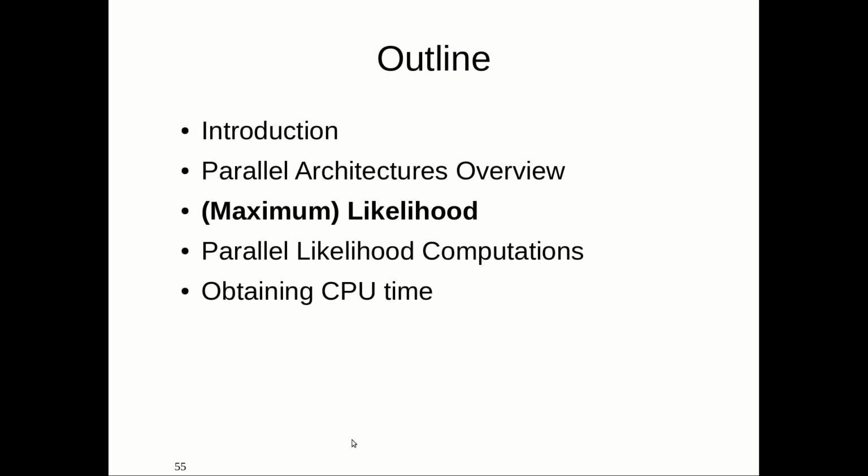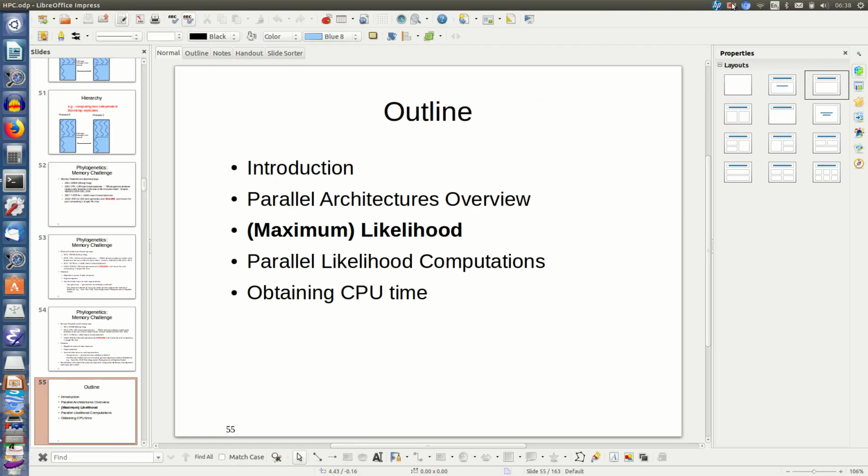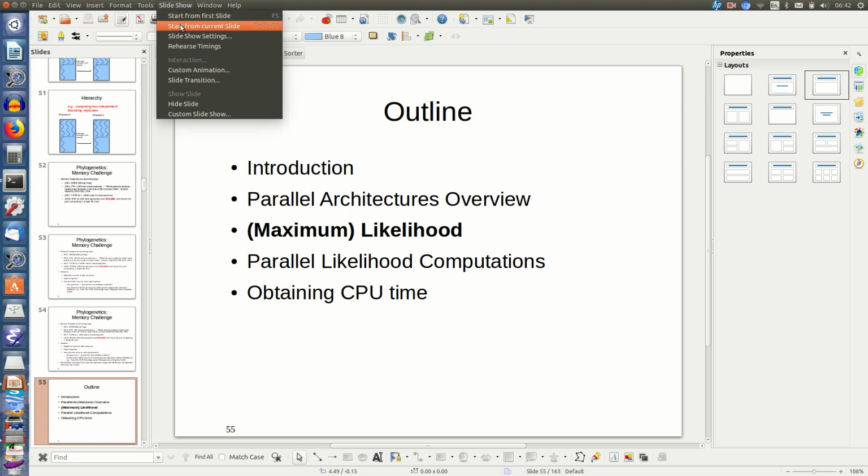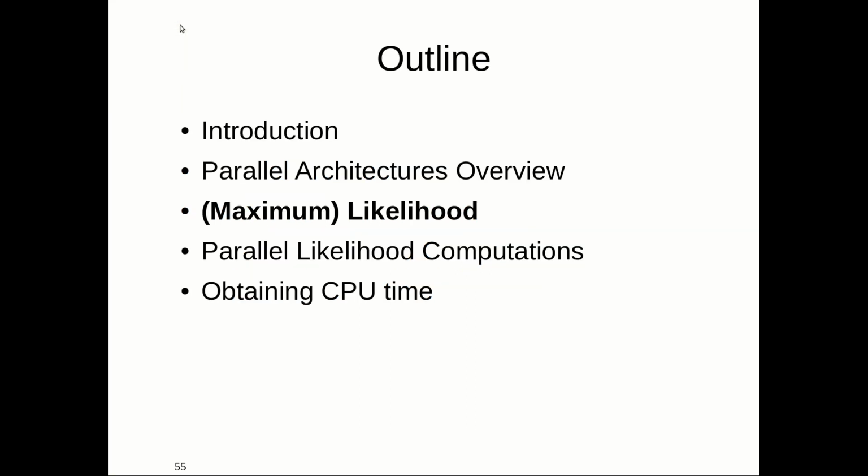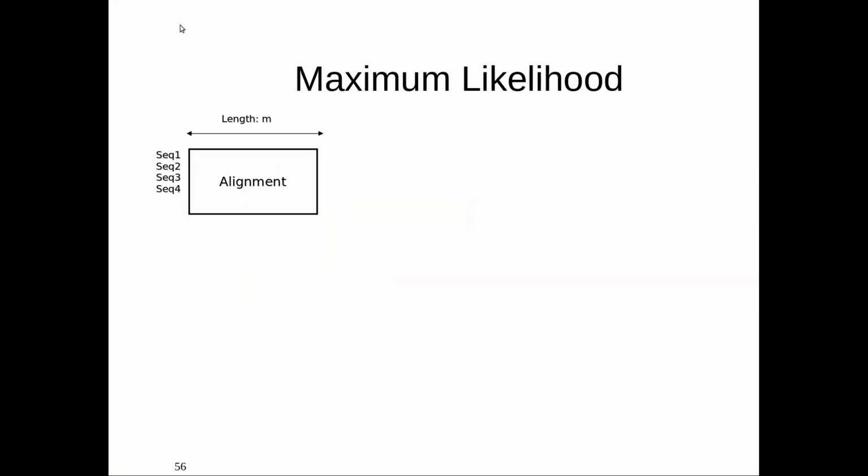Okay, so here's part number 2, a quick review of maximum likelihood calculations. Let's recap likelihood calculations. Just to provide you an overview of how that works: we're given our multiple sequence alignment with a length of m.